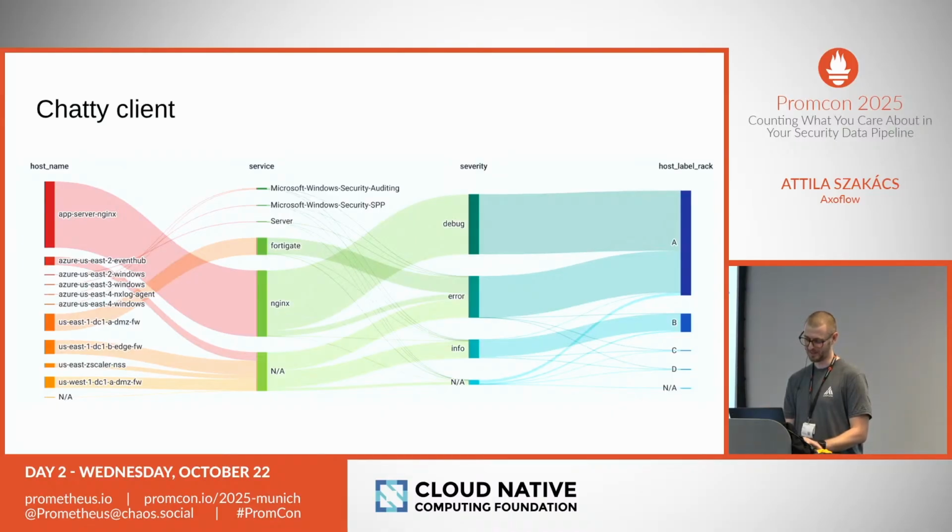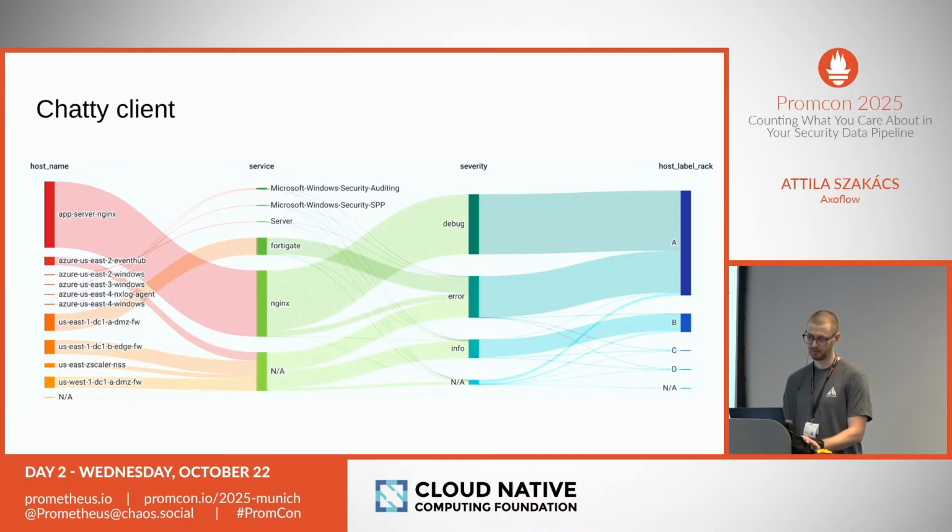It's complex, but once you wrap your head around it, it becomes like second nature. Also, you can see the intersection with the neighboring labels. So we can see that most of the FortiGate logs had error severity. Some had info, and some we don't know which severity it had.